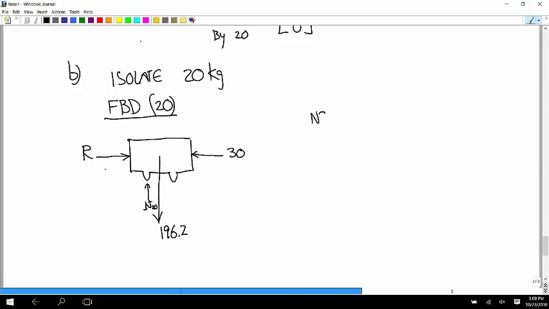And now Newton's second law. So there's this R force in the positive X direction, so that's R, 0. N20 is in the positive Y direction, so that's 0, N20. The downward force of 196.2, so 0, negative 196.2.